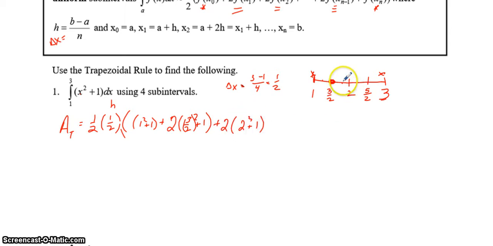With this base, again, left trapezoid, right trapezoid, we're using it twice. 2 when we plug in 5 halves. That base is used again twice, left, right, and then the 3 is only used in one trapezoid, the one on the left.